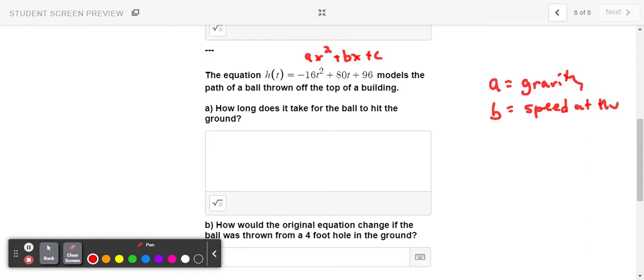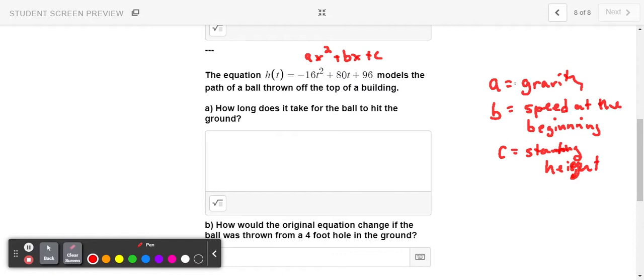at the beginning, which will change, right? Because it's getting launched into the air, so gravity will affect it. And then c is the starting height. So basically, if you're standing above ground or below ground, it's where you're launching from.